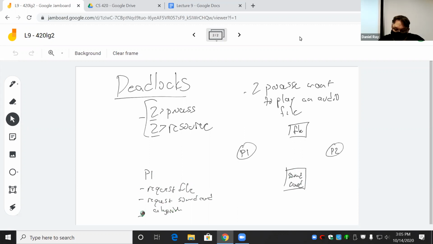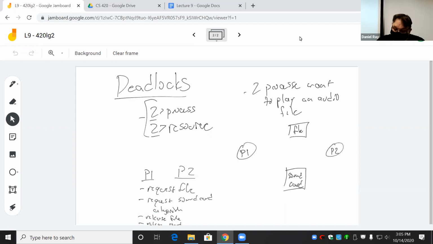And then it's going to release the file and release the sound card. And process 2 is going to do the same thing. They're both going to request the file, they're both going to request the sound card, and then their algorithm is going to finish.